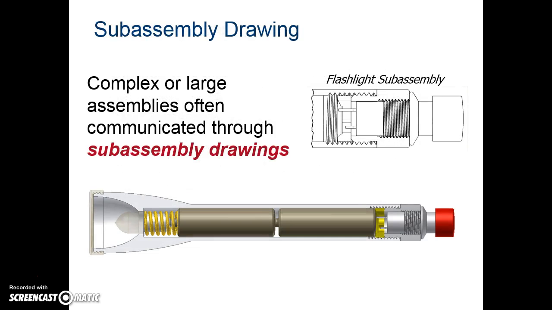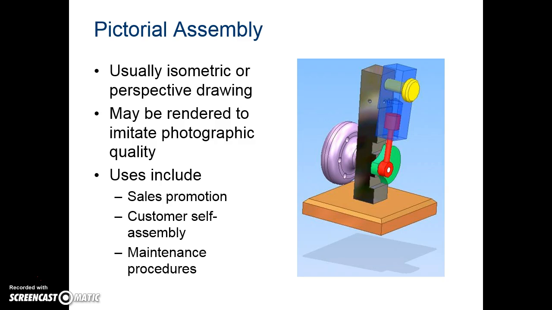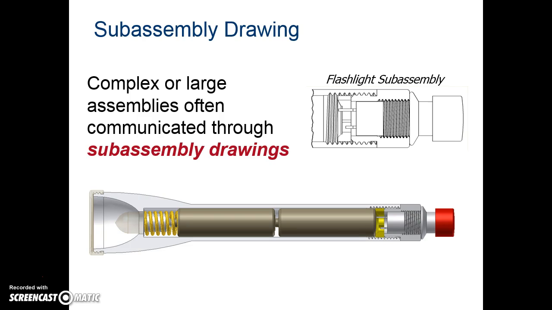And then sub-assemblies are complex or large assemblies often communicated through sub-assemblies, which are just smaller assemblies. So we take a huge assembly and we break it down into smaller assemblies, like we were talking about yesterday, where we could have broken down the train into the wheels.